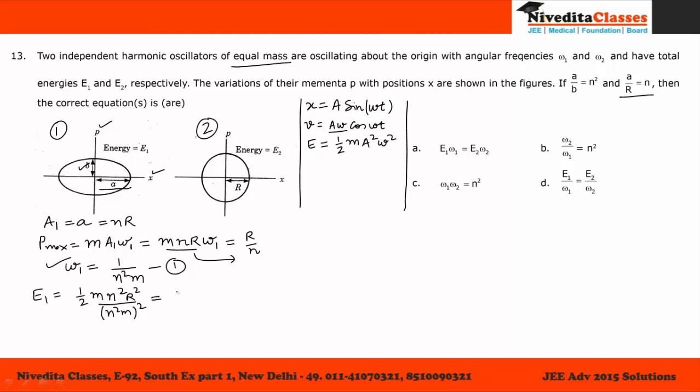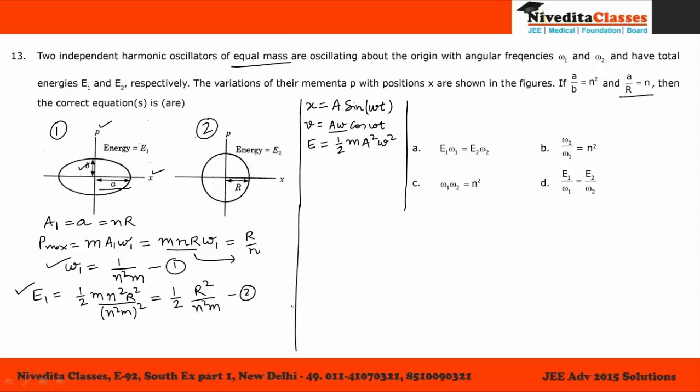If I simplify the equation, I get half R square divided by n square m. Let's say this is my equation 2, where I have calculated the value of E1.